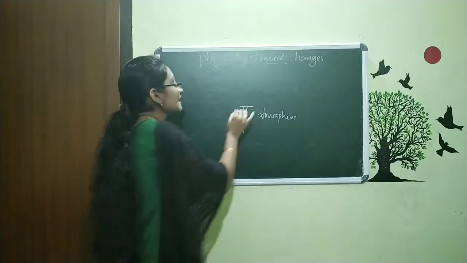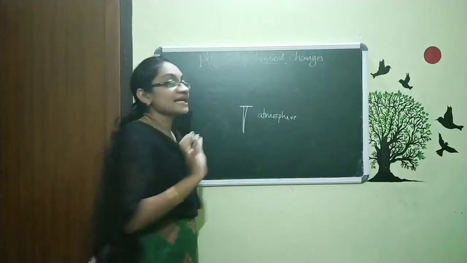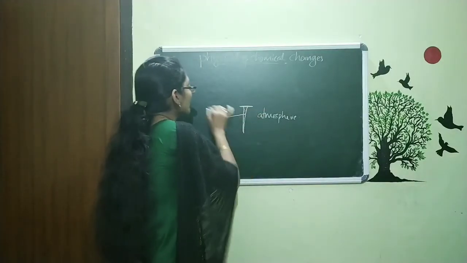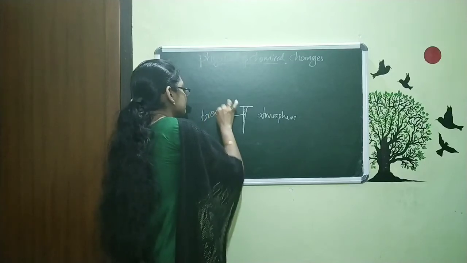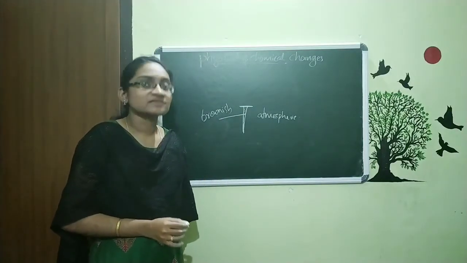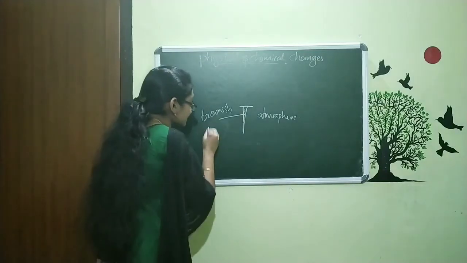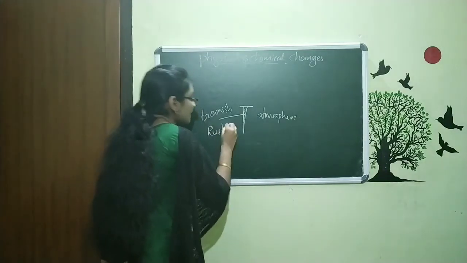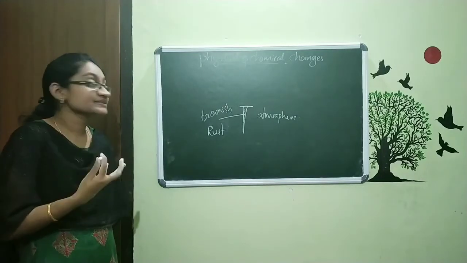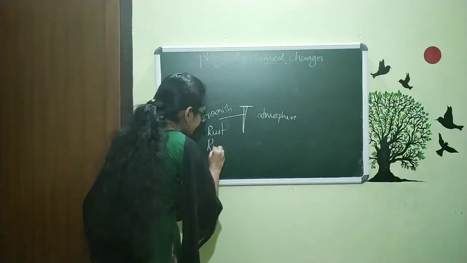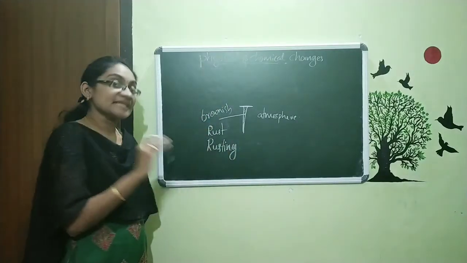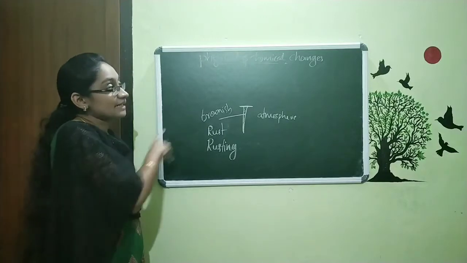At the initial stage it is very shining, and after some days you can see a brownish coating. And what is that? That is actually rust. This is rust formation, and the process of getting rust is called rusting. You will study this in detail later in this chapter.